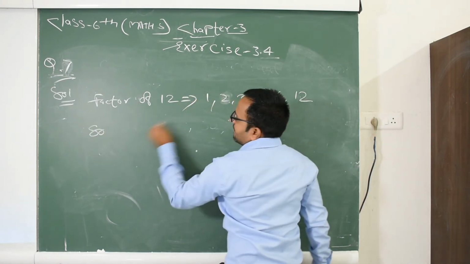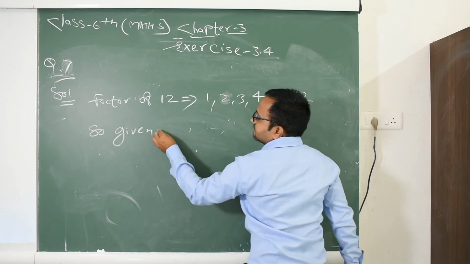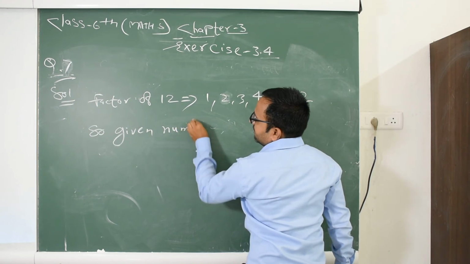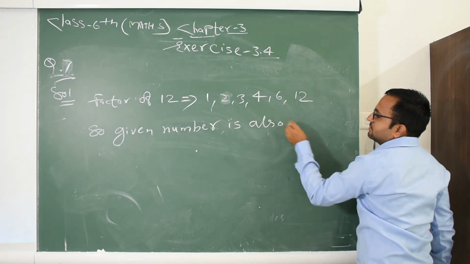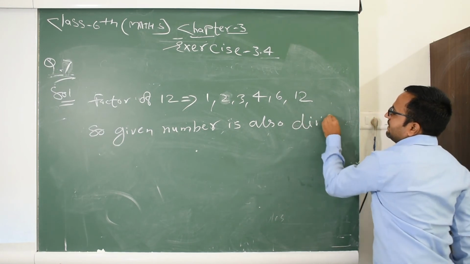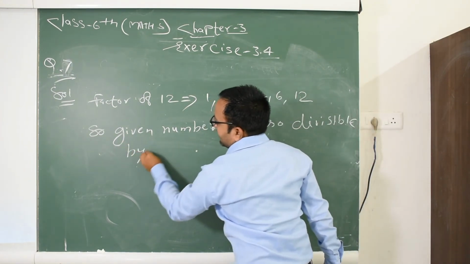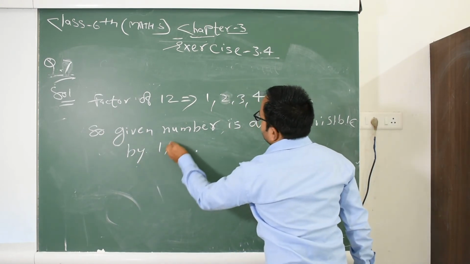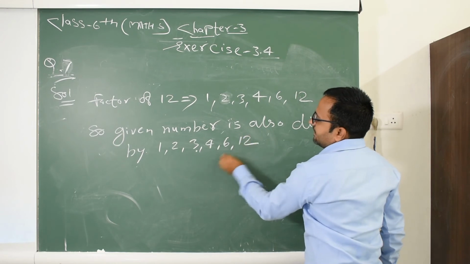So the given number is also divisible by 1, 2, 3, 4, 6 and 12.